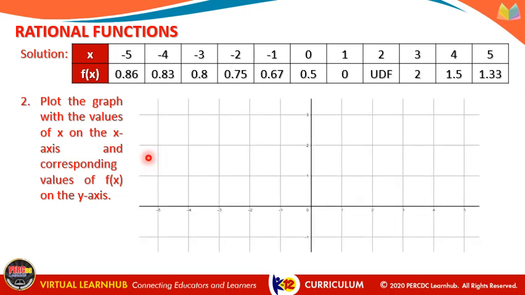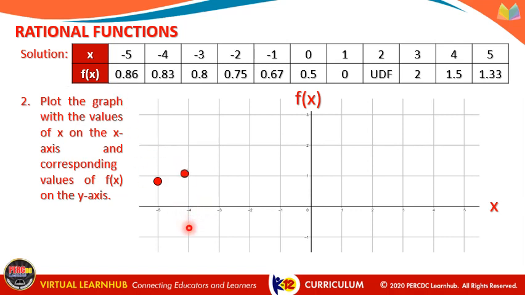Okay, sige. So, unti-untihin natin. -5 tayo. So, at -5 is 0.86. So, medyo ilapit-lapit natin sa 1. So, somewhere here. Again, yung x ay nasa x-axis, yung values ng f of x, yun yung nasa y-axis. Okay, next. At -4, it's 0.83.